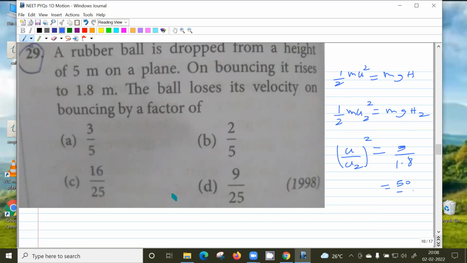So this is 50 by 18, that is 25 by 9. So u by u2 equal to 5 by 3. So u2 is 3 by 5 of u, the ball loses its velocity by a factor of 3 by 5. The correct answer is A.